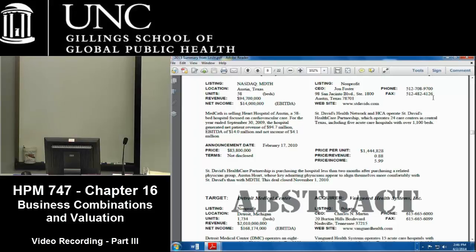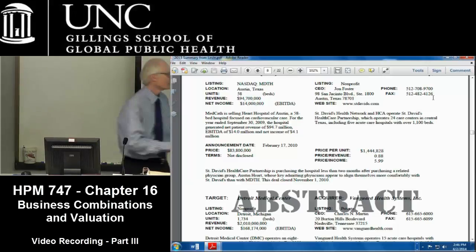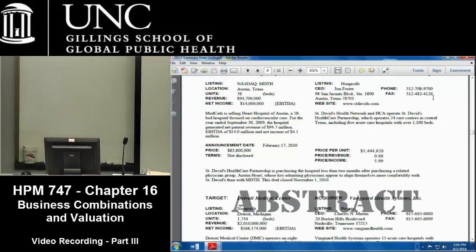These are examples of actual mergers and acquisitions that happened in 2013. So these are market multiples: price per unit, price per revenue, price per income. So what does that mean? It takes the price of this hospital and divides it by the per unit, I believe, is bed.